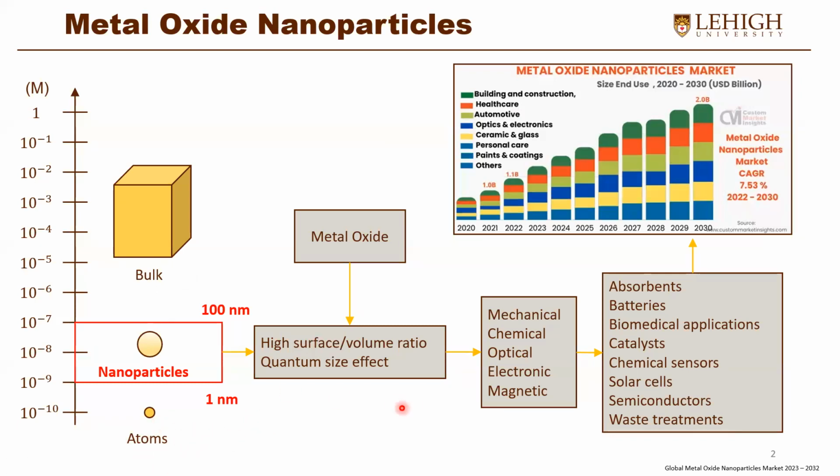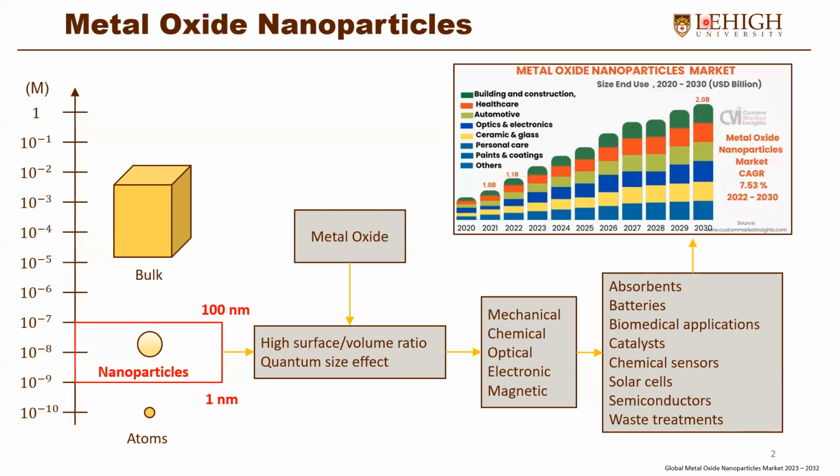So due to these two reasons, the properties of nanoparticles are totally different from bulk materials. That's why nanoparticles can be used in many applications, such as catalysts, bacteria control, solar cells, and semiconductors.